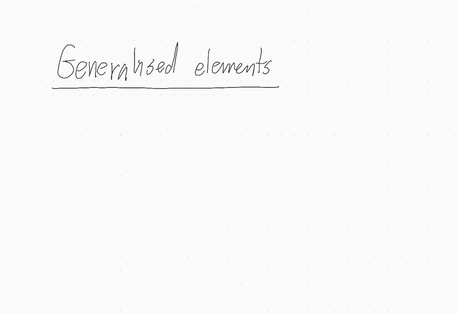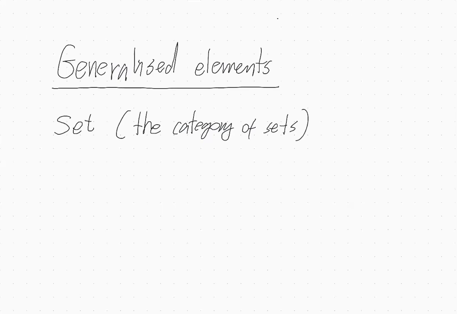So in the category of sets, which we write as Set, objects are sets, and morphisms are functions between sets.